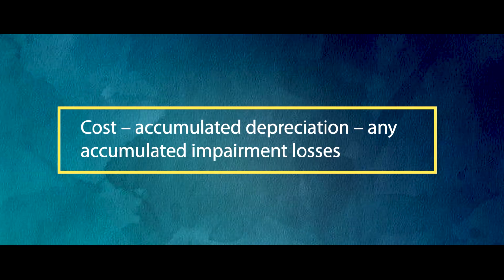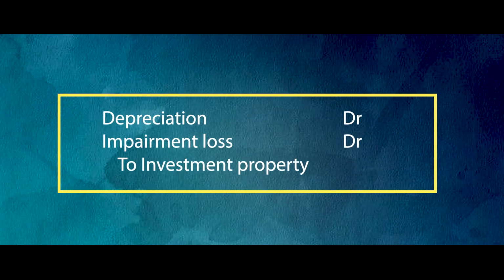So the formula for calculating value of investment property under cost model is cost minus accumulated depreciation minus, if there is any, accumulated impairment losses. And the entry that we need to pass is depreciation account debit, impairment loss account debit to investment property.